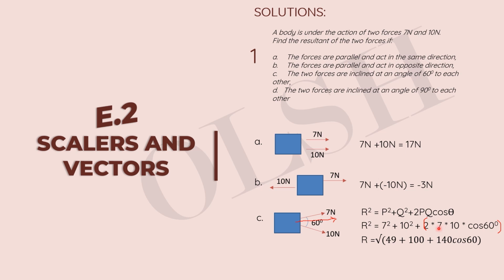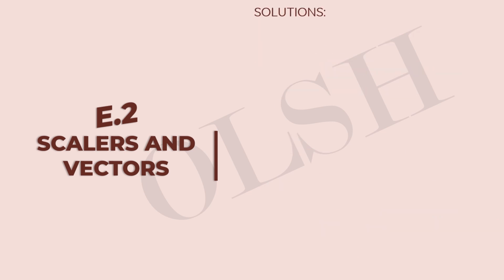So this is even a multiplication sign, so we have 2 times 7 times 10 to give us 140 cos 60. So we have plus 140 cos 60, we have 10 squared 100, 7 squared 49. Okay, so finding the square root of that, we would eventually have our answer to be 14.8 newtons.